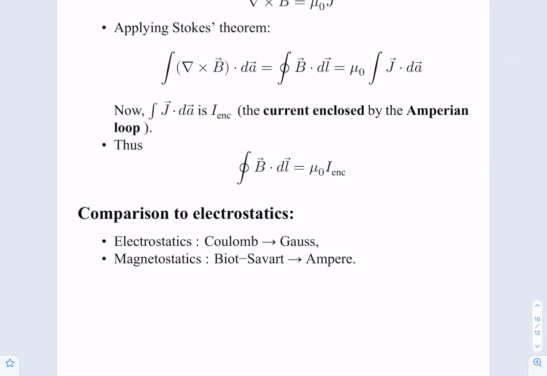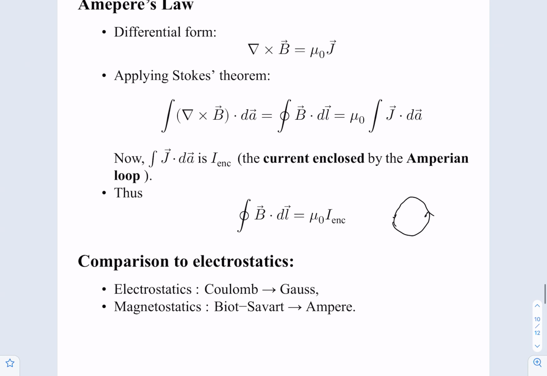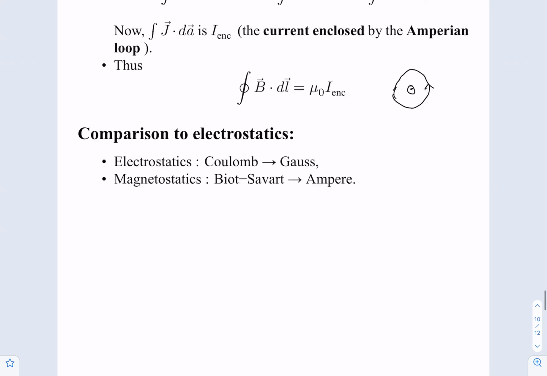Typically, you can imagine that if we integrate from 0 to 2 pi across a loop like this, then the I should be pointing out of the paper.